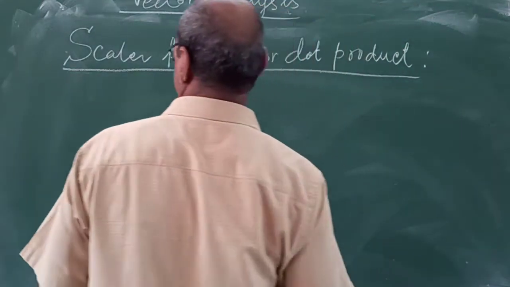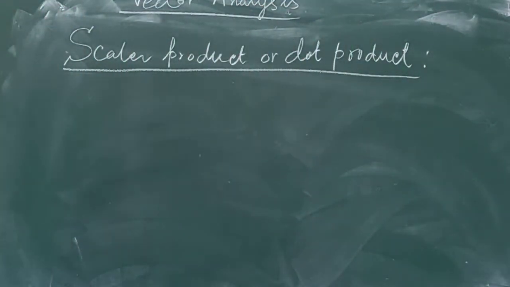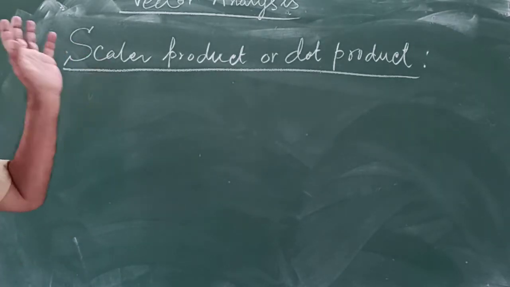Today I am going to start the scalar product, or dot product, of two vectors. Dot product is always a scalar. All of you know the scalar quantity.